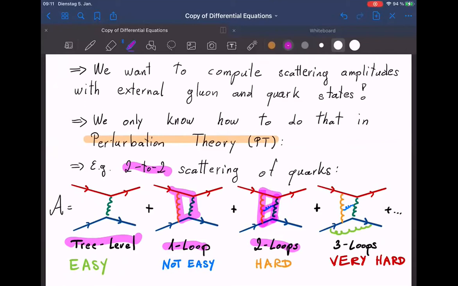So you will need to integrate over the momenta of these quanta that you exchange. Because you can easily convince yourself that if you have a tree-level diagram, all the momenta in your graph are fixed as soon as you fix the external edges.